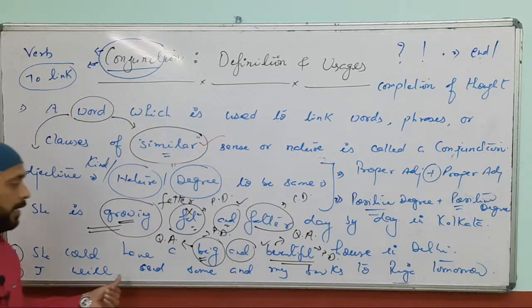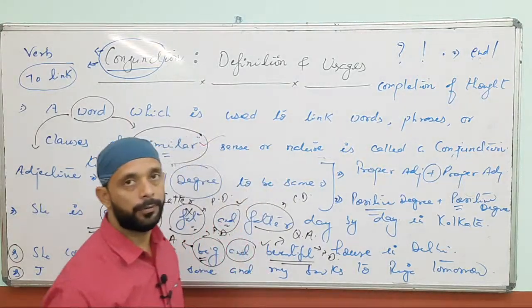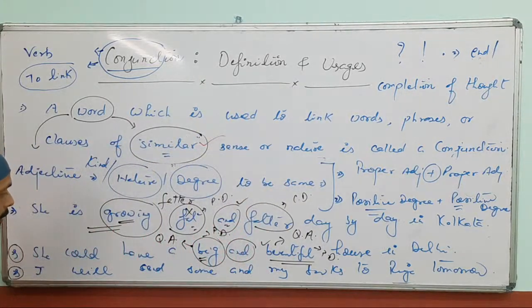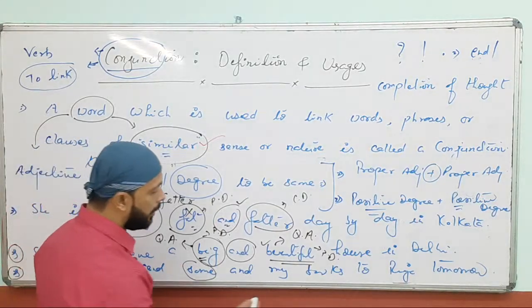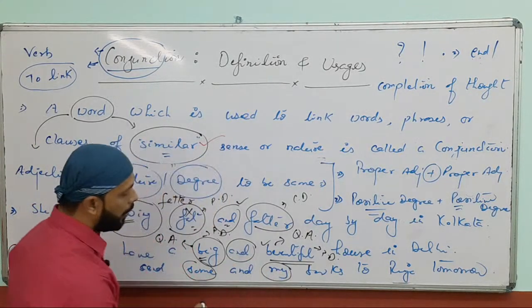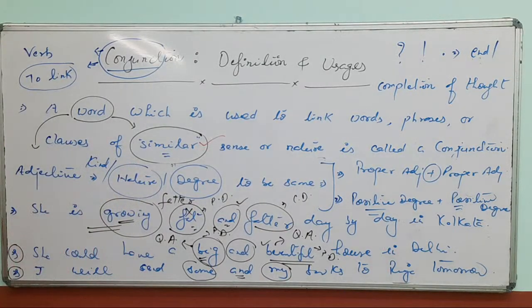I will send some and my books to Ria tomorrow. Once again you find that there are two adjectives, one that is some and the next that is my, and they are linked with the help of the conjunction and. Now it is asked to you, what kind of adjective is some?